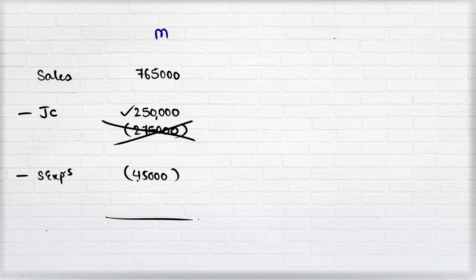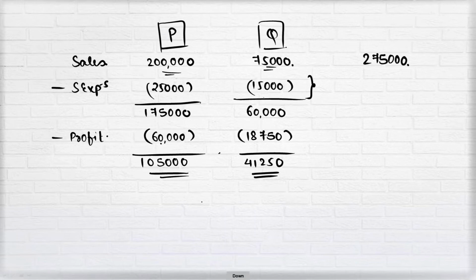No. Why? To sell the byproduct, they require some cost. They want to even earn some profit. So they will reduce the cost only by 1,05,000 plus 41,250. 1,05,000 plus 41,250. 15,250.